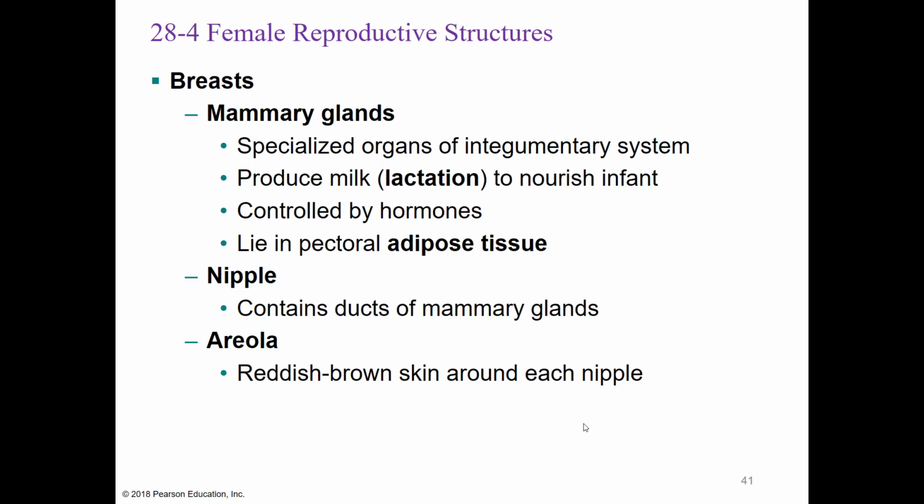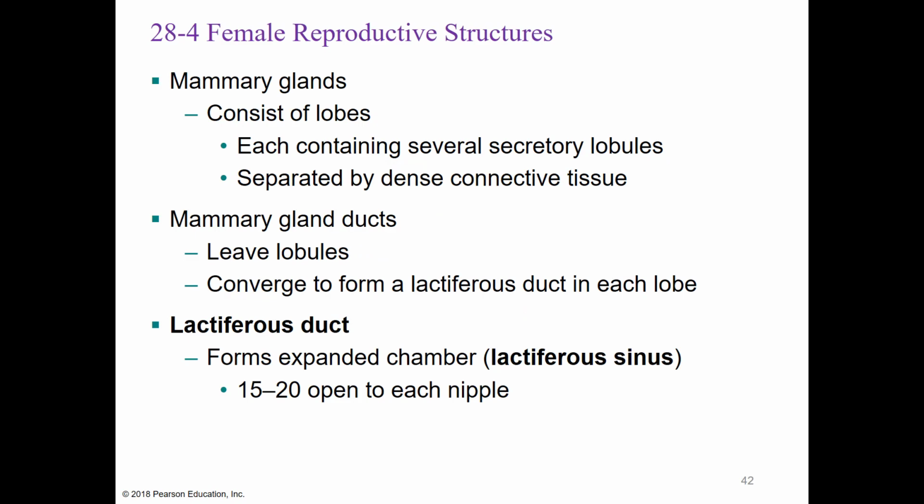The nipple contains ducts of the mammary glands, and the areola is the reddish-brown skin around each nipple. The mammary gland is going to consist of lobes, and these lobes will contain secretory lobules separated by dense connective tissue. So this is where milk production would happen under stimulation of lactation hormones.